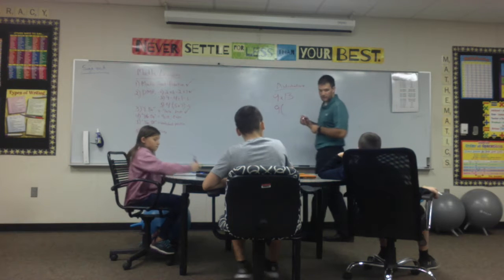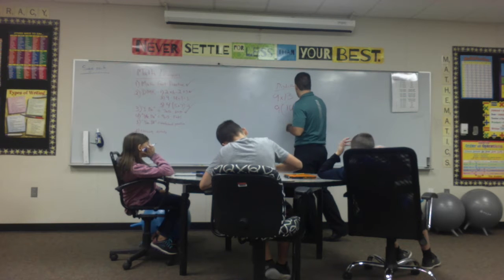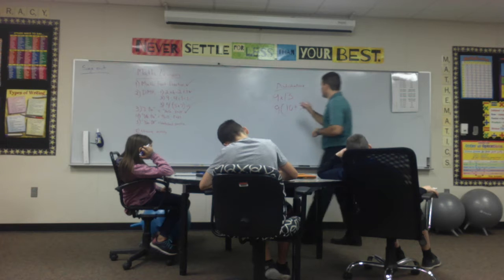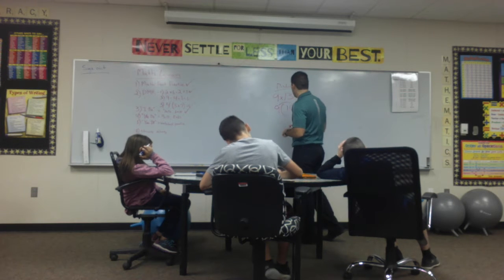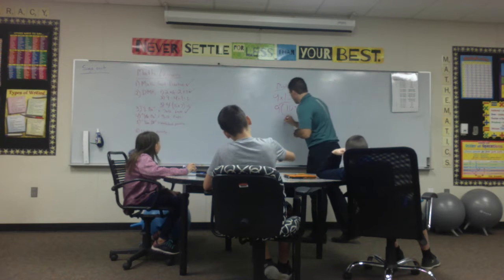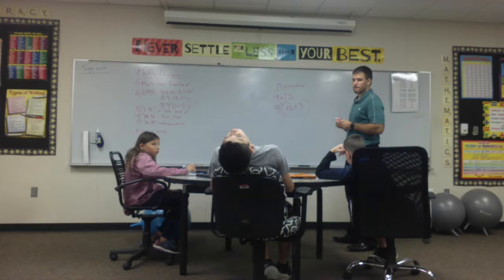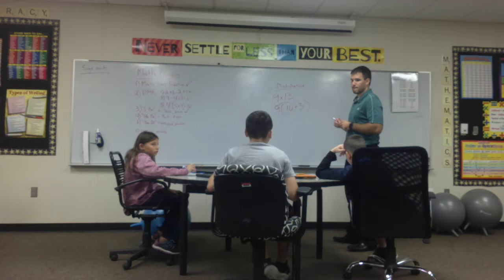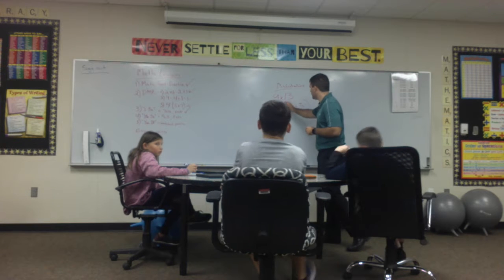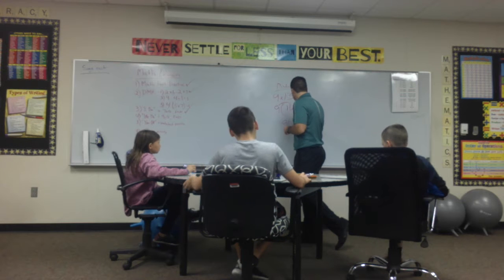What'd you split 13 into on your board? 10 and 3, yep. Go ahead and show that we distributed the 9 to the 10. 9 times 10 is what, Jonathan? We're distributing the 9 to the 10. 90. I drop my plus sign down.